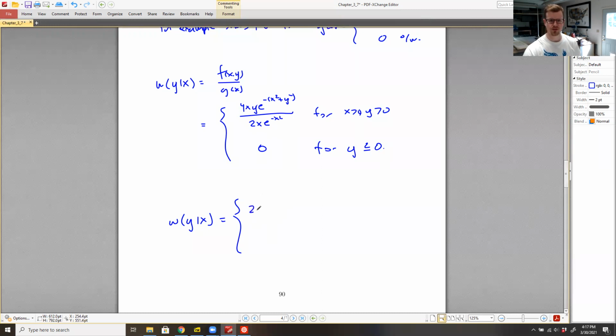So I'm just left with 2y e to the negative y squared for x greater than 0 and y greater than 0, and it's 0 for y less than or equal to 0. It's a little bit weird that what we end up with actually doesn't depend on x at all. So that's kind of fun.